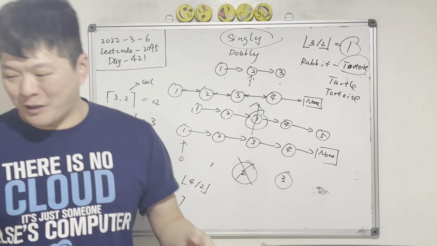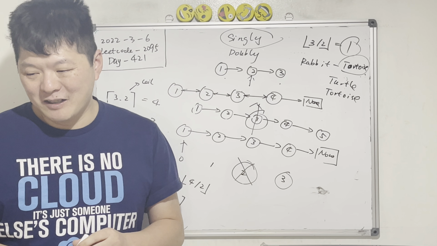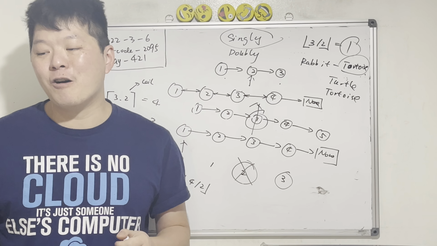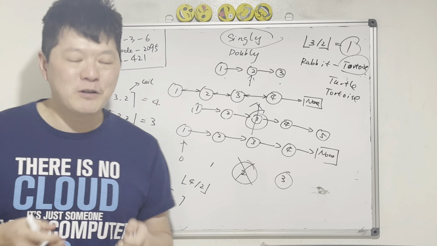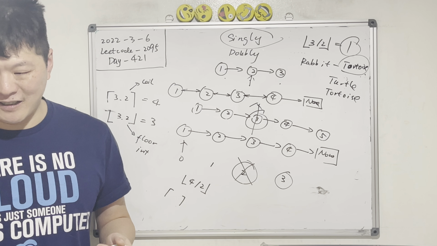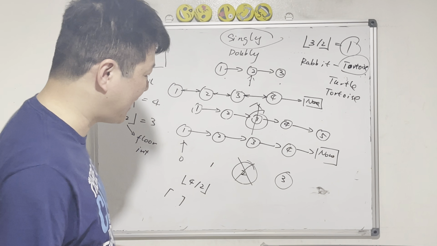What do you learn from this story? Don't show off, and don't look down on your opponent, because if you are having a race, the opponent will eventually win.